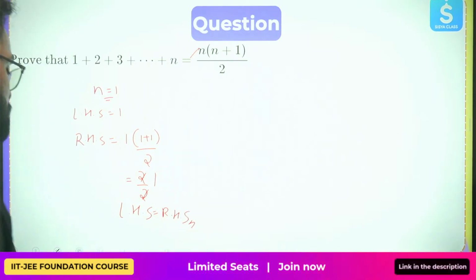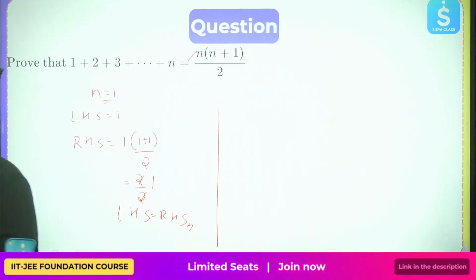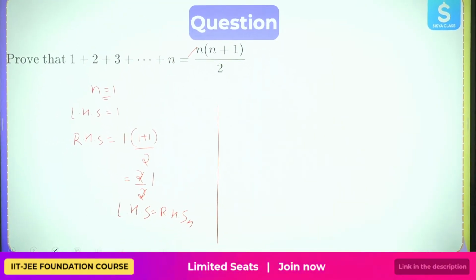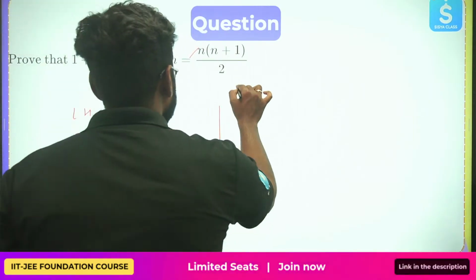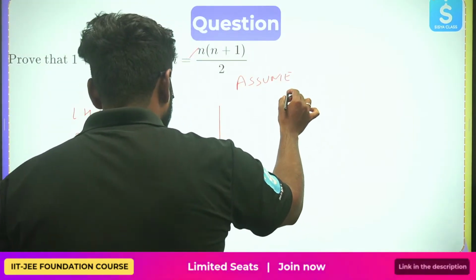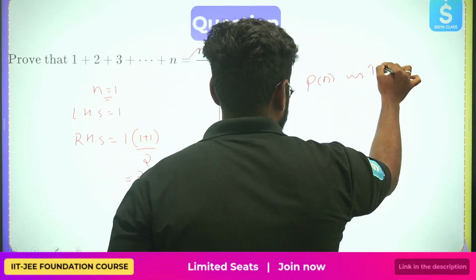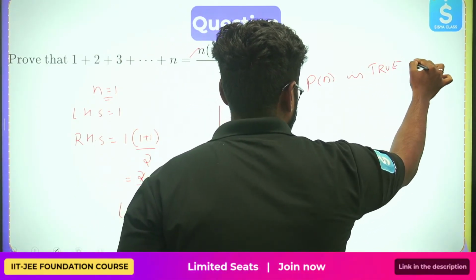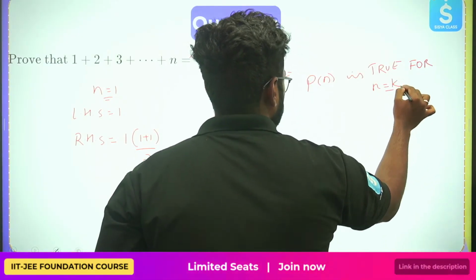Okay, you understood this. Now, coming to the second step, the inductive method, where we assume P(n) is true for n equals k.